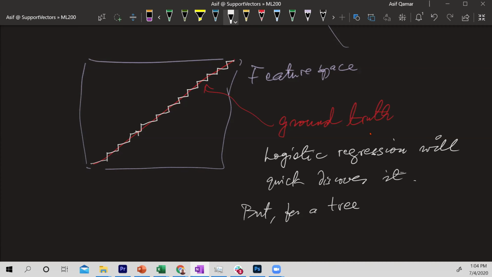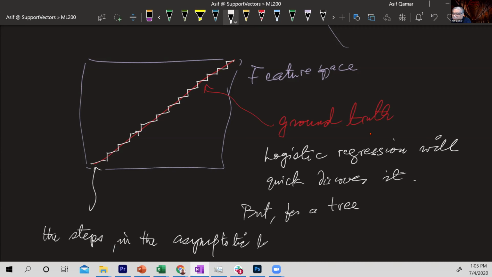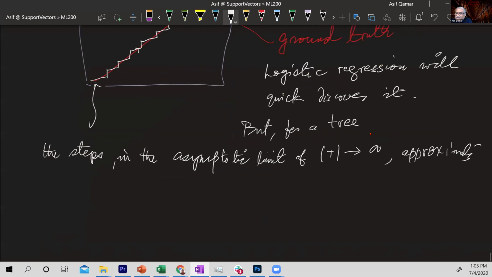So what happens is, if you increase the number of regions, the splits, then there'll be more and more, tinier and tinier steps, and they will gradually approximate the red line, right? So the steps, in the limit, approximate the line, the true decision boundary.